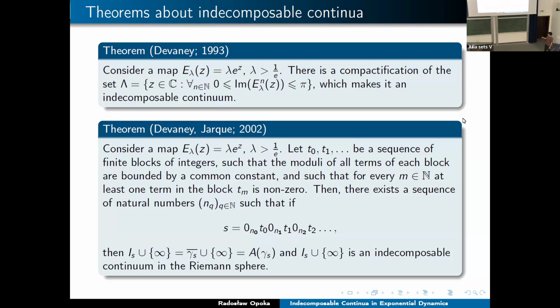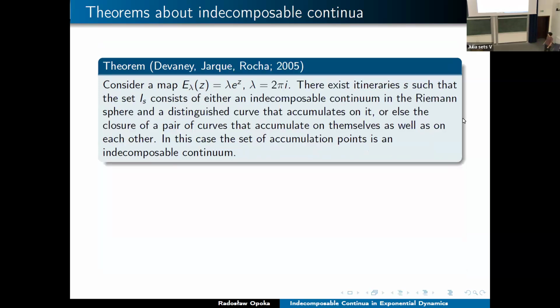And also this is the closure of the hair and the accumulation set of the hair. Another theorem, Devaney-Hawkins-Rocha, for lambda equals 2 pi i. There is a different situation.